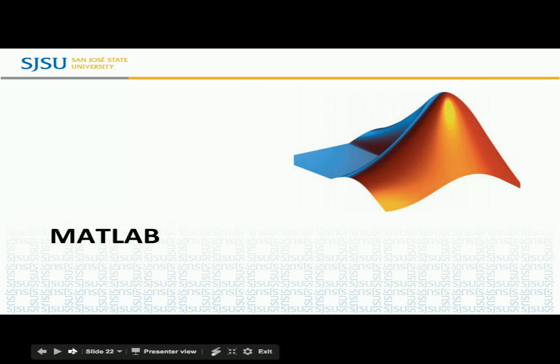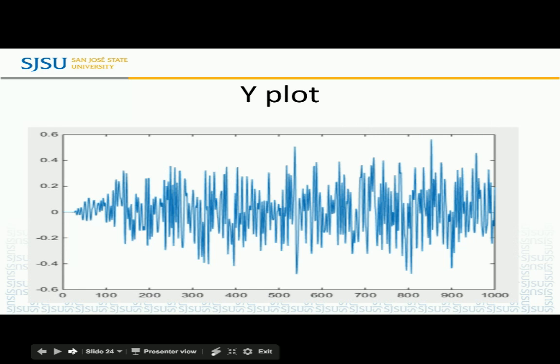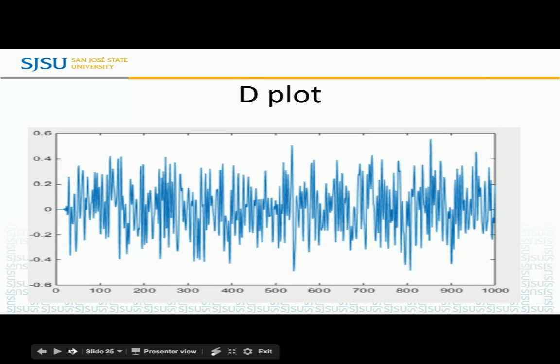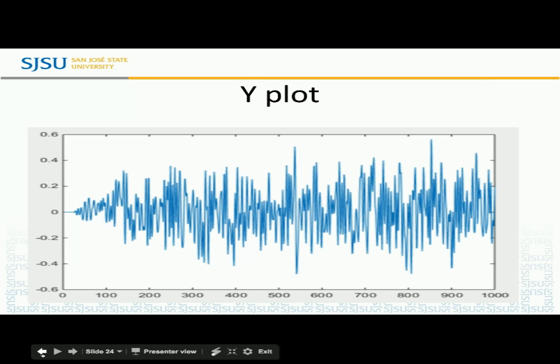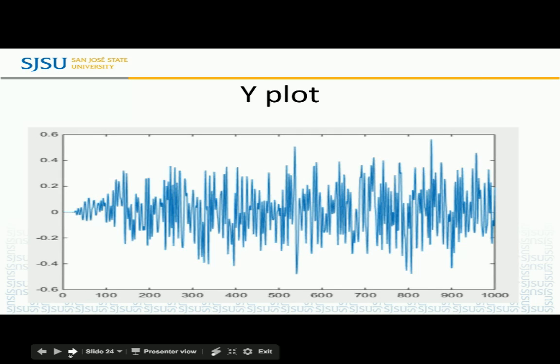The graphs were obtained in MATLAB. This is the x plot, this is the desired signal, and this is the y output signal. You can see that d is with the noise and y is without noise.